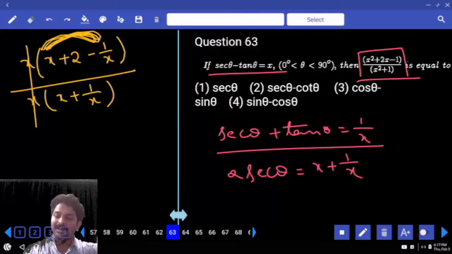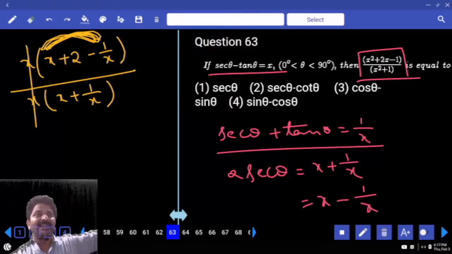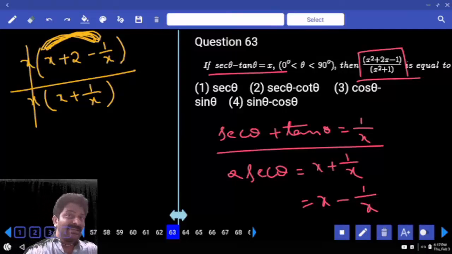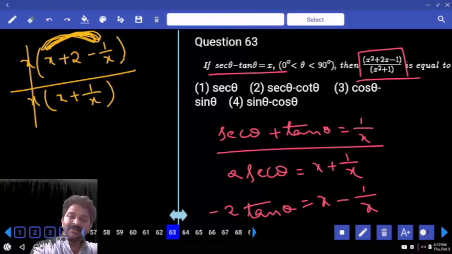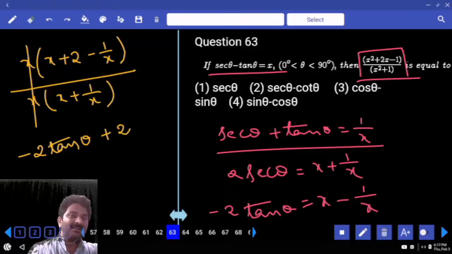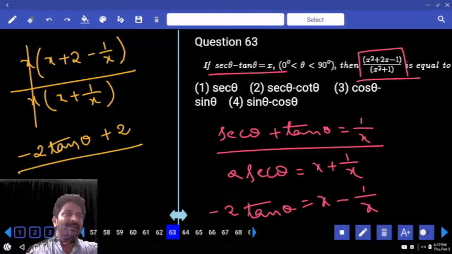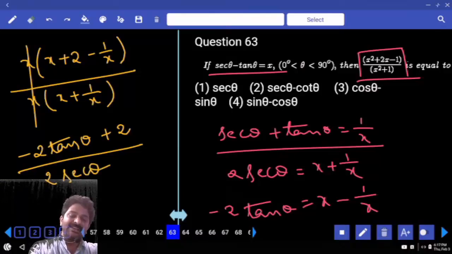Correct? If you do x minus 1 by x, secant theta minus tan theta minus secant theta plus tan theta, how much do you get? Minus 2 tan theta. Are you following? Yes. So x minus 1 by x is equal to minus 2 tan theta, and constant plus 2 divided by x plus 1 by x, 2 secant theta, correct?